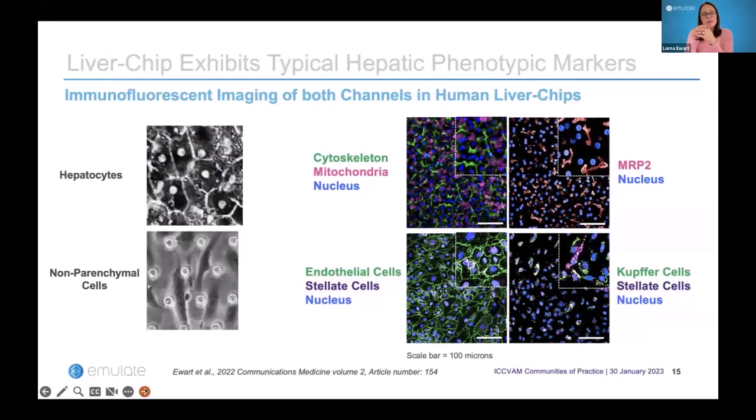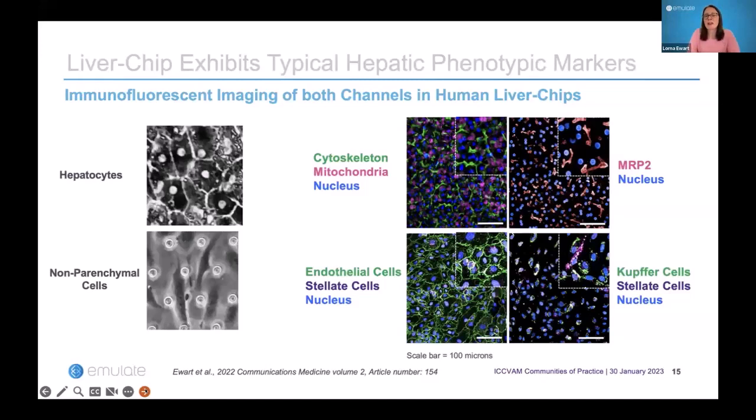The non-parenchymal cells are in the lower channel, and those uniform circles are actually the pores of the membrane, and you can see polygonal shaped cells below. It's a little difficult under bright field microscopy to pick out the different cells, and that's why we use immunofluorescent stains, antibodies, and confocal microscopy to identify those.